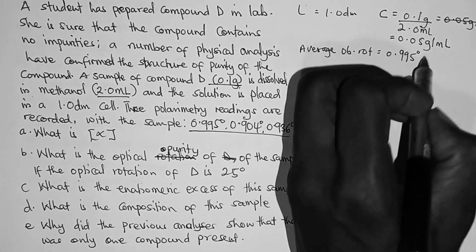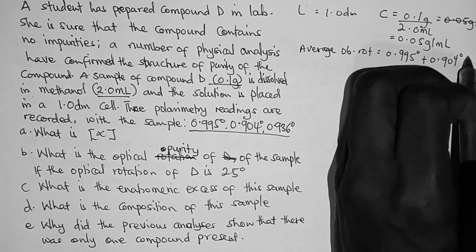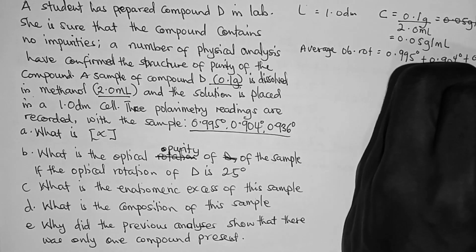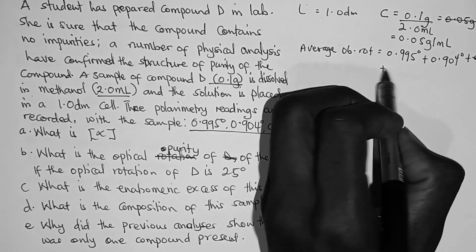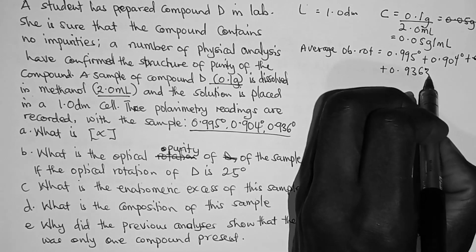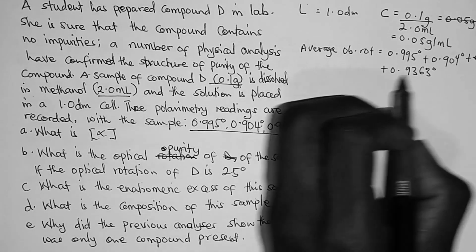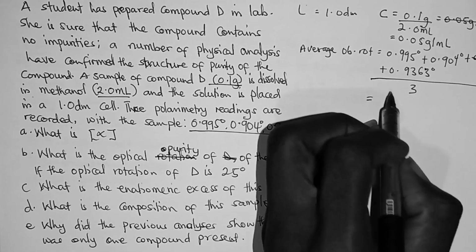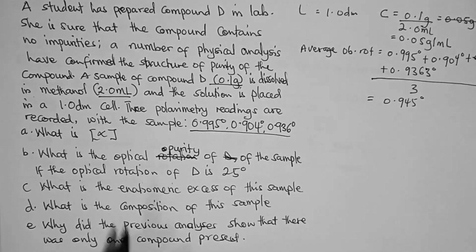0.995 degrees plus 0.904 degrees plus 0.9363 degrees, all of this divided by 3. So this is equal to 0.945 degrees.